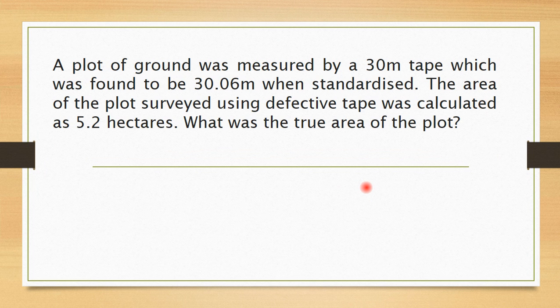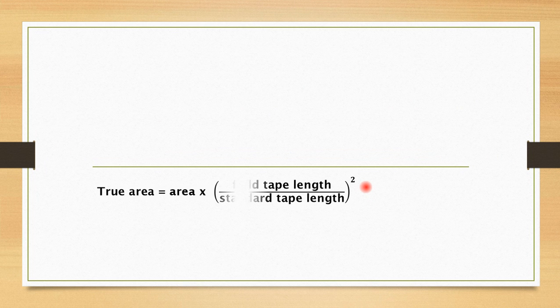To determine the true area, we use the formula: area times the field tape length over the standard tape length, then we square the quotient. So this should give us the true area.